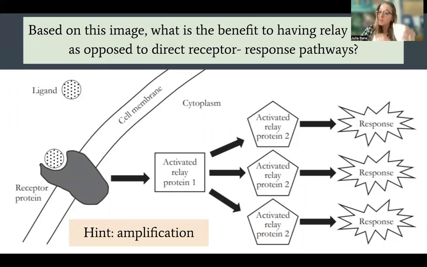But oftentimes when we smell something, we're only smelling tiny, tiny concentrations of that particular substance. So what the signal transduction pathway does in that case is it amplifies the signal so that we actually can identify the smell, and it'll send enough signals to our brain. And that's how we've evolved to be warned of things like poison or rotten food. All of those sensations are a result of signal transduction pathways and amplification via signal transduction pathways.